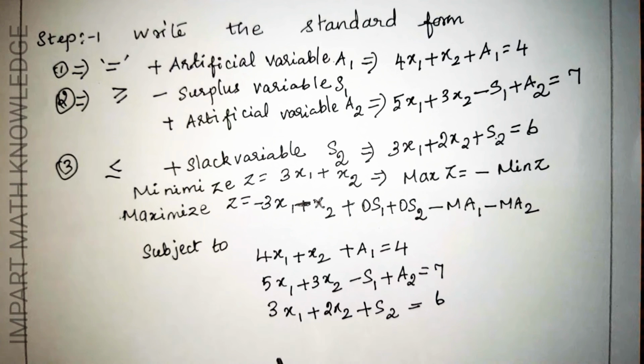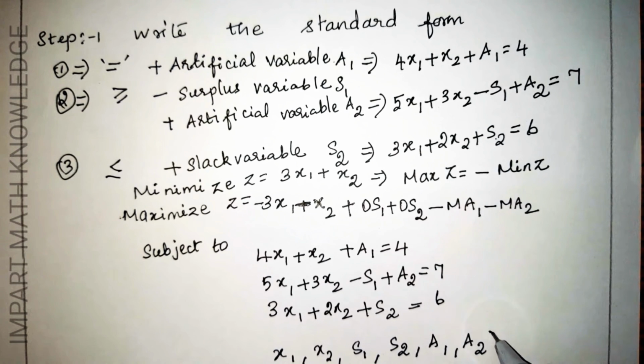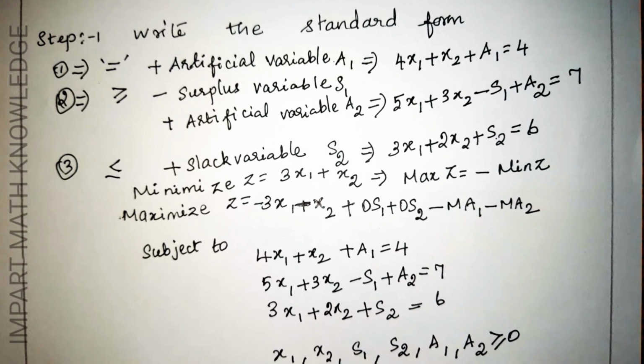Finally, you have to write the non-negativity constraint, that is x1, x2, s1, s2, a1, a2 ≥ 0. That is, the variables are always positive.